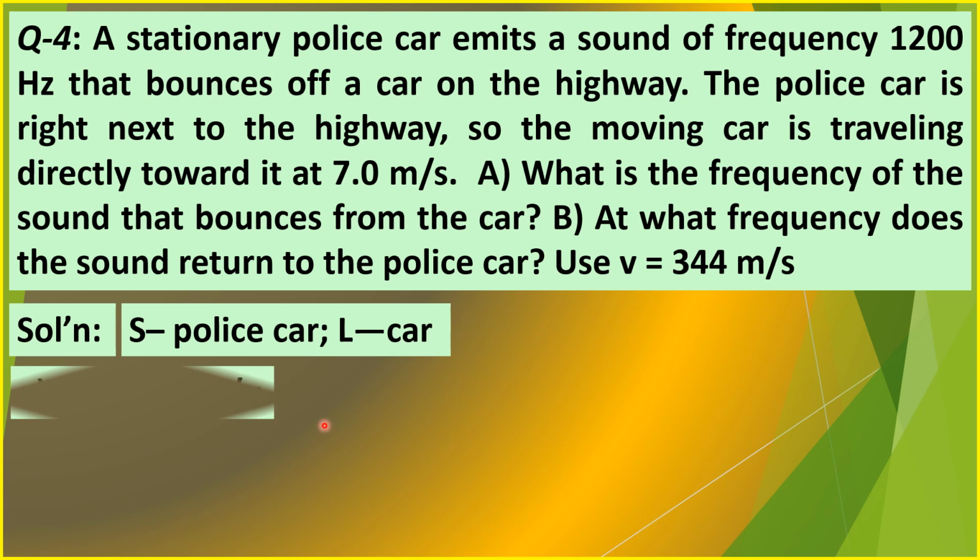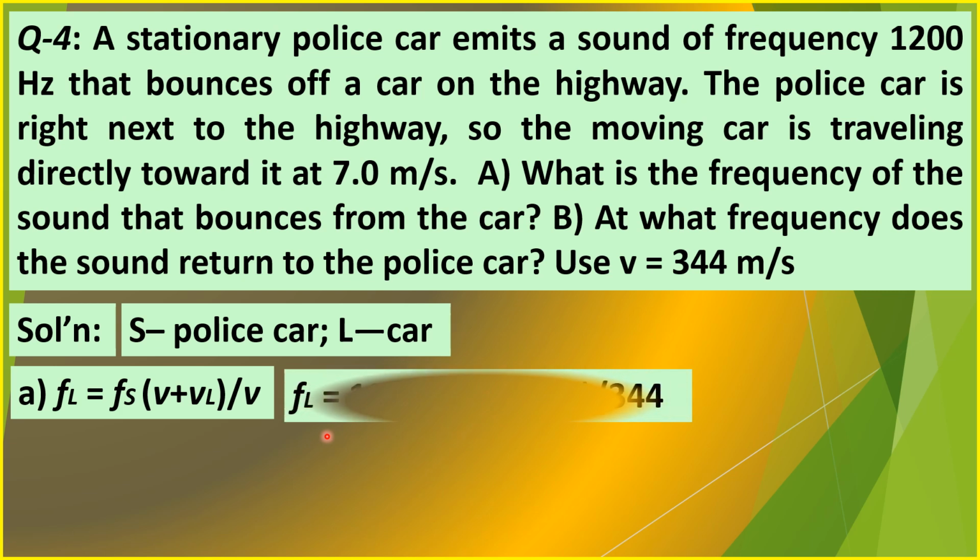So the formula for determining the observed frequency FL is just equal to Fs times V plus VL over V. This is because the listener, which happens to be the car, is moving towards the source, or the police car. Hence the positive sign in the numerator. In the denominator, there is no speed of the source. It is stationary. So we just divide the whole thing by V.